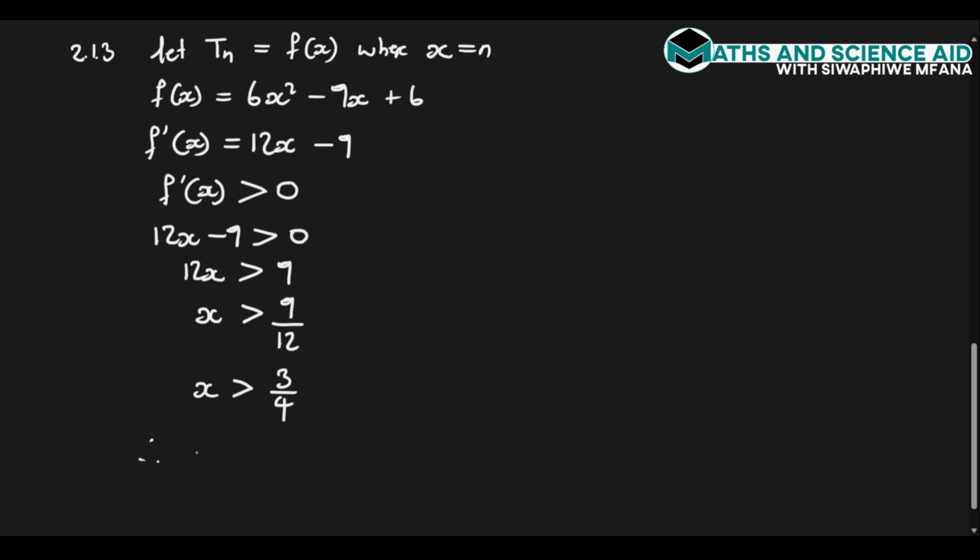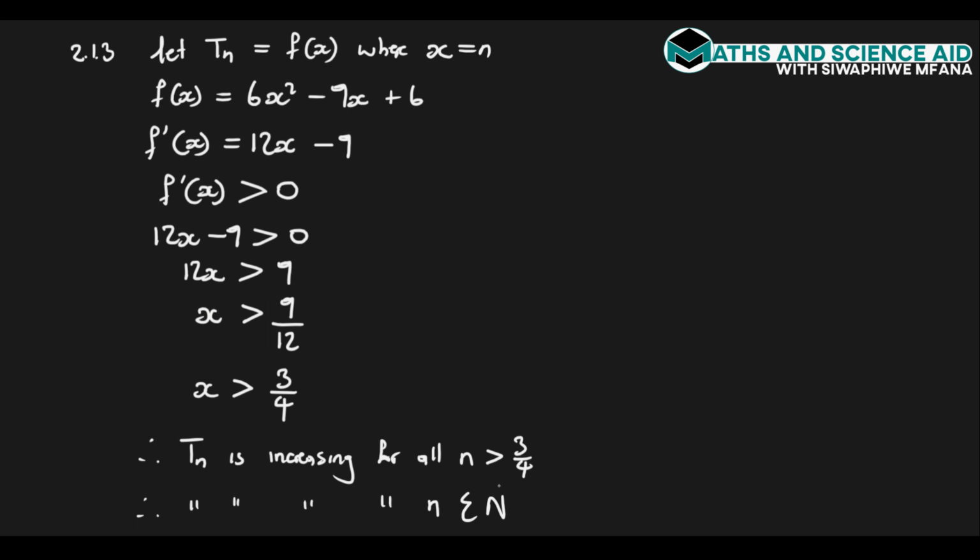So we can conclude that Tn is increasing for all values of n that are greater than 3 over 4. Therefore, this quadratic sequence is increasing for n is an element of natural numbers, because natural numbers are whole number values from positive 1 to infinity. So this is how you can work this question out using calculus.